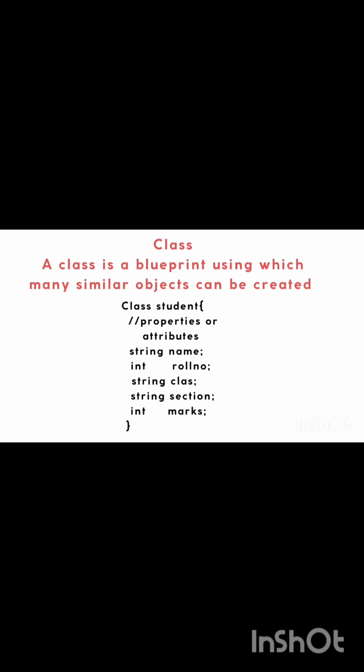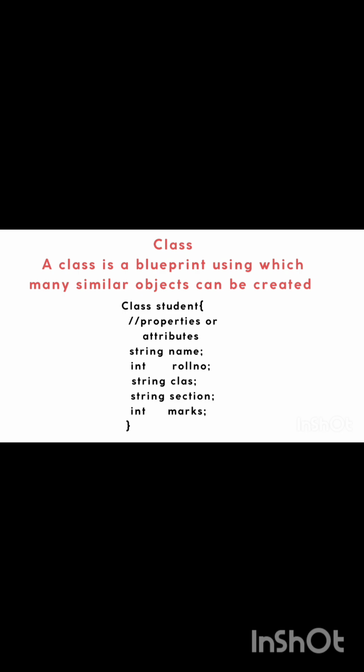The second thing we need to understand is class. A class is a blueprint which is used to create objects having similar properties. It is not something physical, it is conceptual, so it doesn't take up any memory. Objects, on the other hand, take up memory because they are physical things.